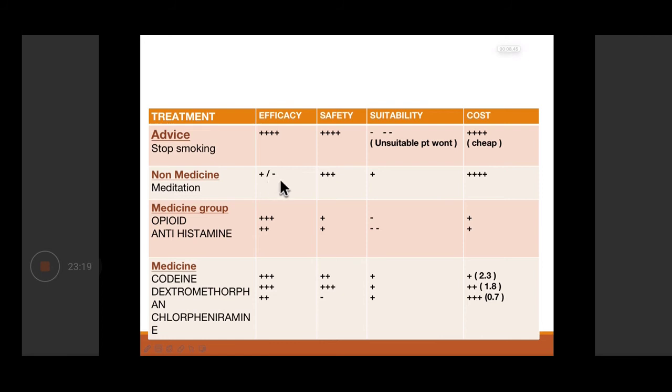Meditation may or may not be efficacious, but it is definitely safe. If the person is suitable, it will work. Of course, no cost. So this is how you rank this non-medicine treatment, which is meditation for cough. Then you have the medicine group, which could be opioid or antihistamine. See, opioids will have high efficacy. Safety will be okay. Patient has to be suitable. Cost is not much.